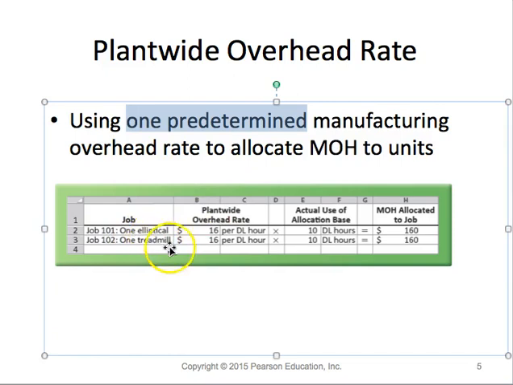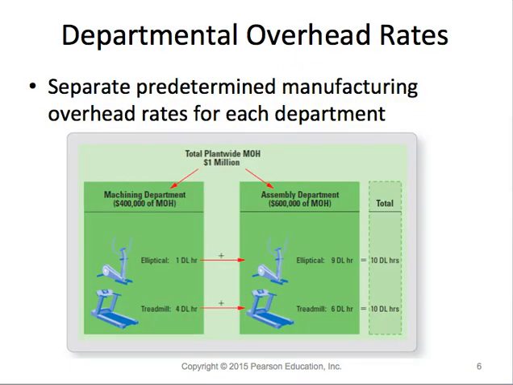Job 101 is to produce one elliptical machine, so $16 per hour times 10 hours, and it will be $160. So we are going to see how this may affect the real numbers. Using departmental overhead rates, we will see some differences.